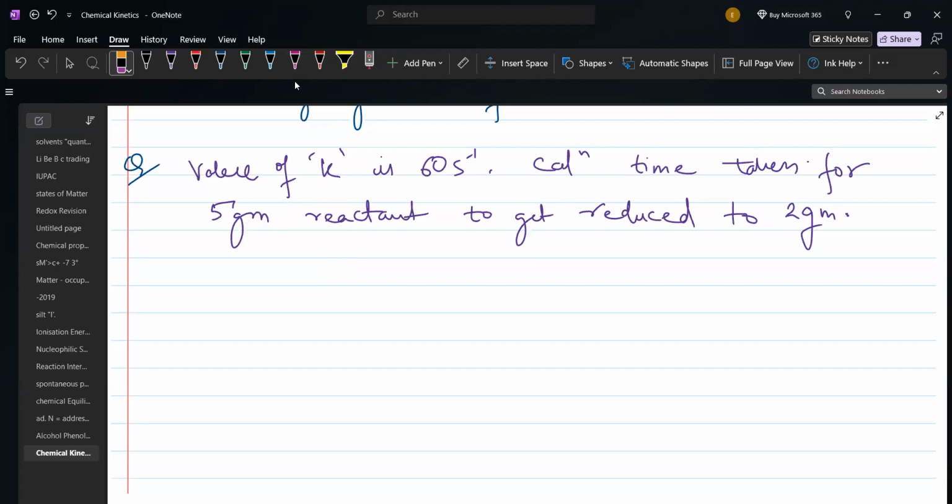Okay, try it. The value of A naught is also given. The value of K is also given. You only have to calculate t. kt is equal to ln A naught upon A. Just put it in the formula and let me know.